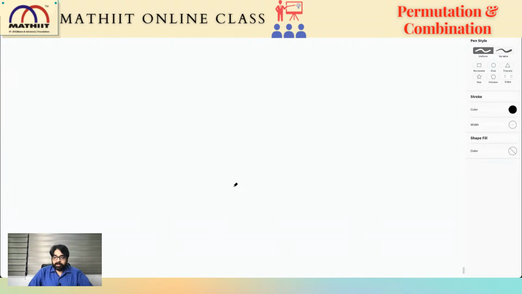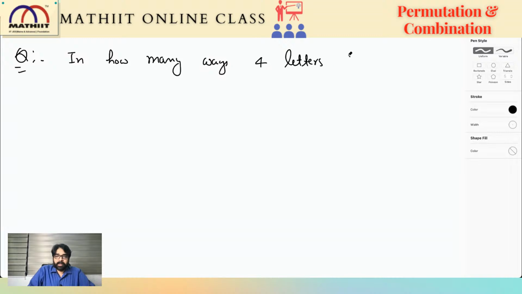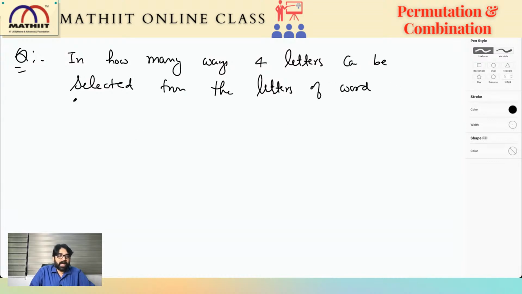Now, let's do a directly old JEE question. Write the question: In how many ways can 4 letters be selected from the letters of the word MATHEMATICS?